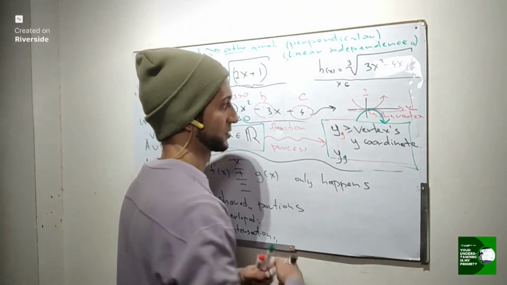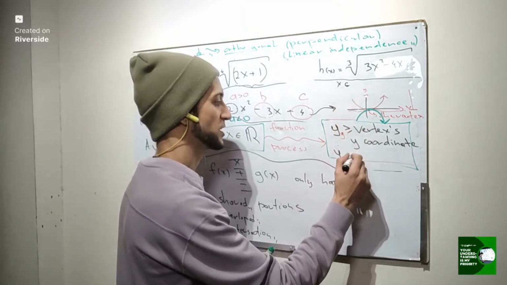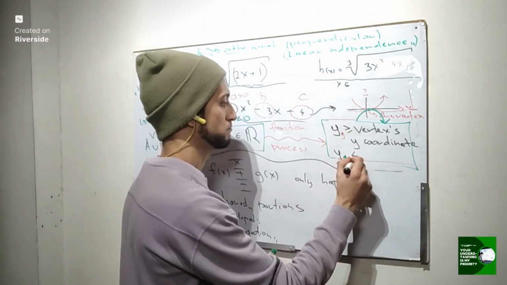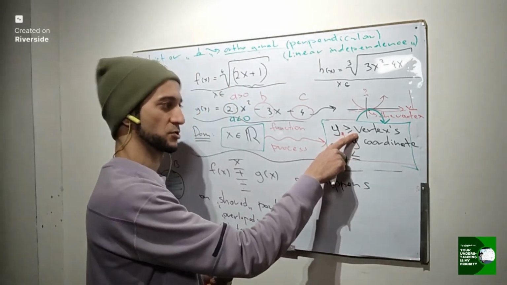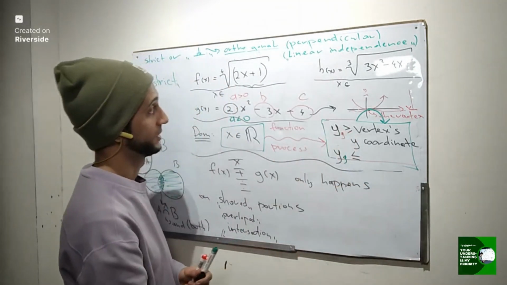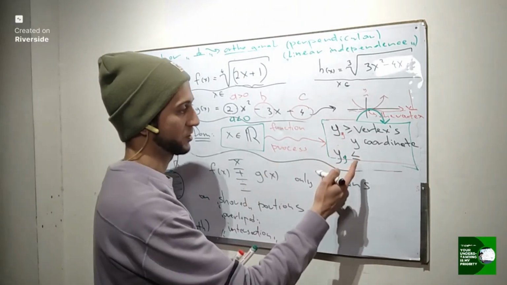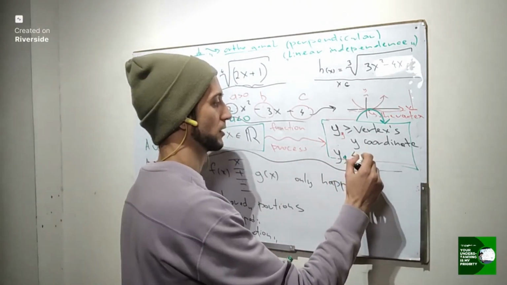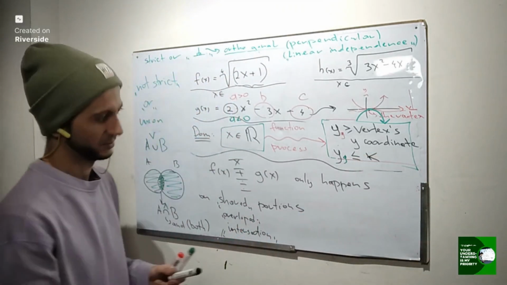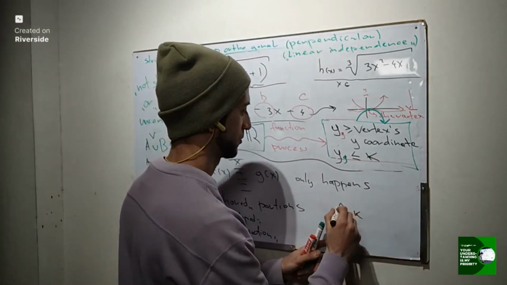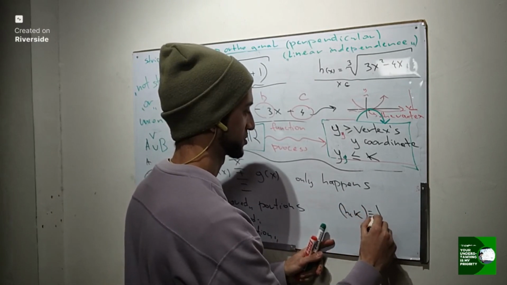In the green case, Y values will always be at most equal to a certain value, which will, again, by definition, be the vertex's Y coordinate. We know that the vertex's Y coordinate has a label, and it's labeled as K. If you remember that, right? In the vertex form, it was (h, k). That was the vertex, by definition, right?